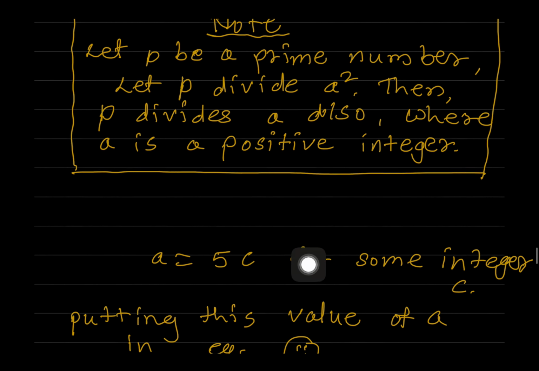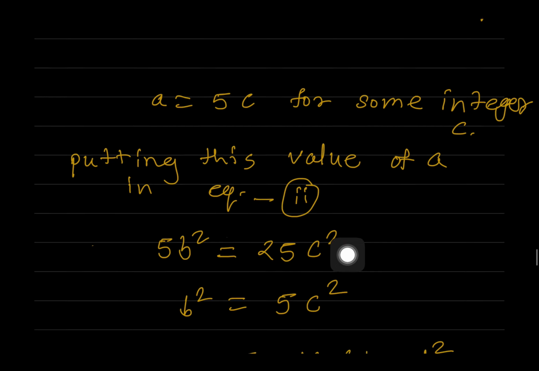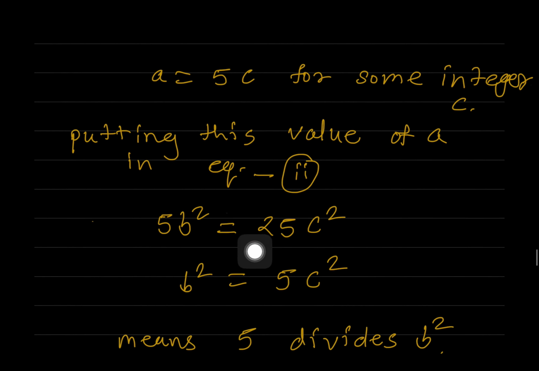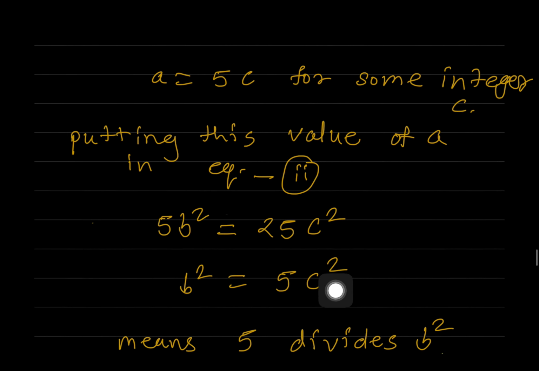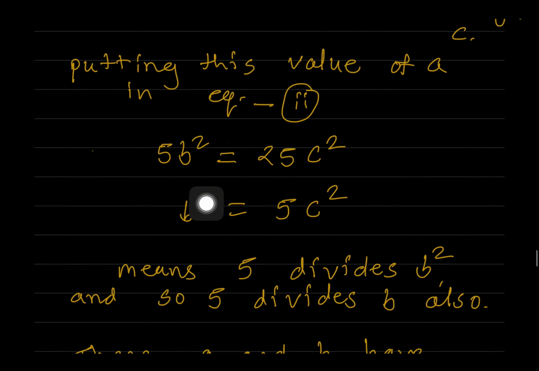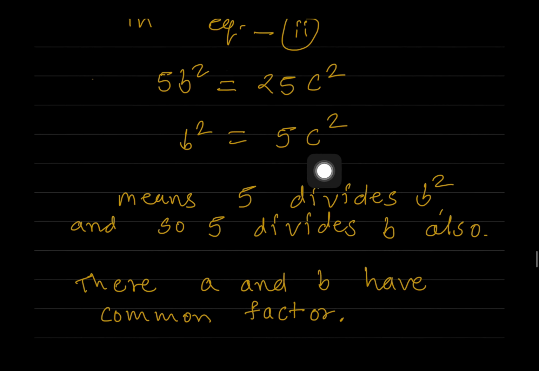So a equals 5c, and a square means 25c square. So b square equals 25c square upon 5, and this 25 is divided by this 5, so it becomes 5c square.